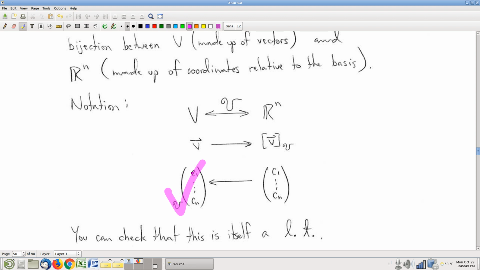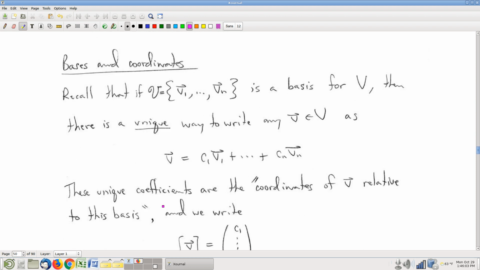When you're proving that this is a linear transformation, does the basis have to be a set of the same vector space? Well, sure. Yeah. So if you're talking about a basis for the vector space V, the basis consists of a bunch of vectors that, yes, are in the vector space.